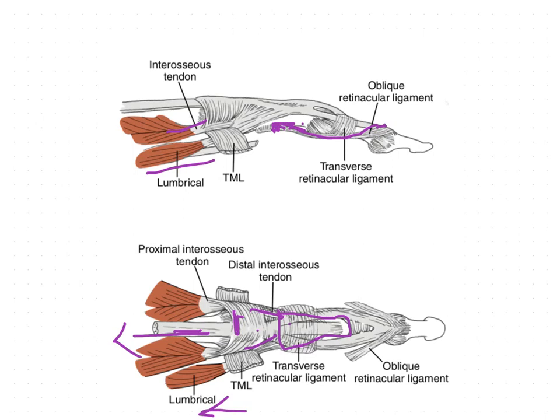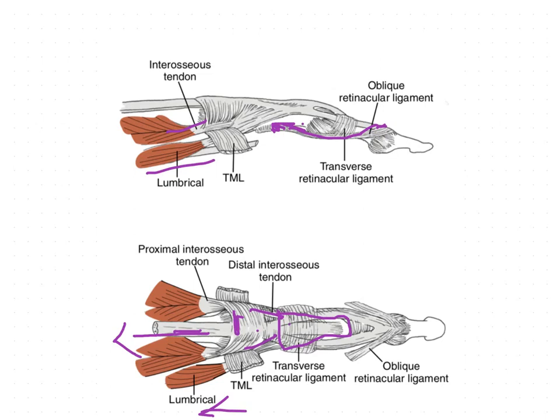So at the MCP joint axis, the flexor force created by the interosseous and lumbrical muscles is not happening here. Why?